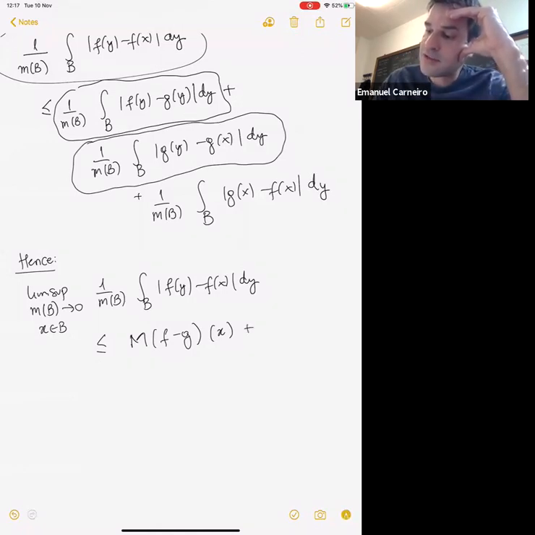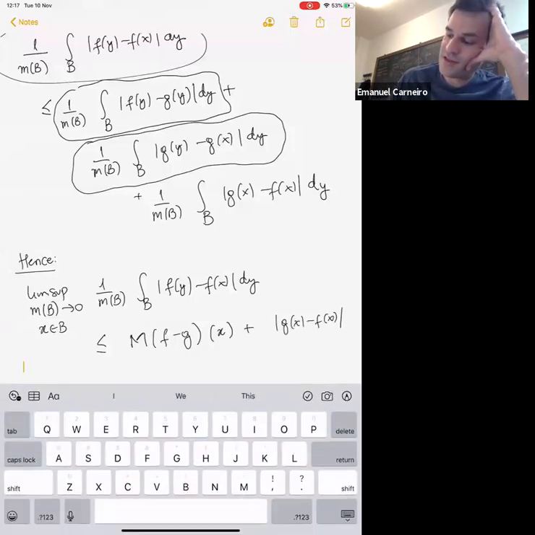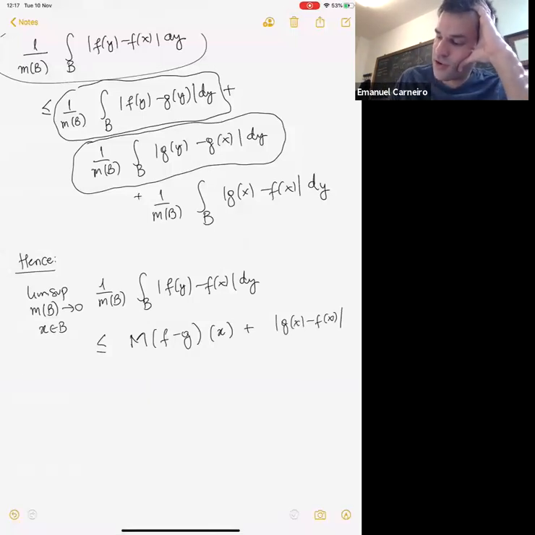And the third one, you have just g of x minus f of x being a fixed value here. And you're taking the average over a ball, integrating in the variable y, which is another variable. So you really get here |g(x) minus f(x)|. Okay. So you get this very nice looking inequality.